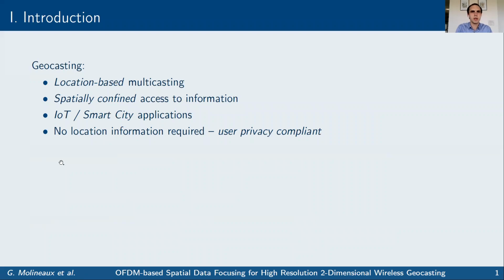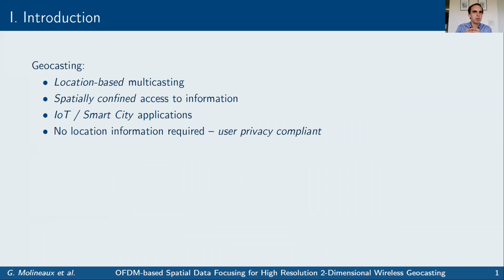Now, geocasting is defined as a location-based multicasting scheme, which means that information is transmitted in such a way that it is only available in spatially confined regions and is unavailable to users not inside these areas. Now, this has a lot of applications.